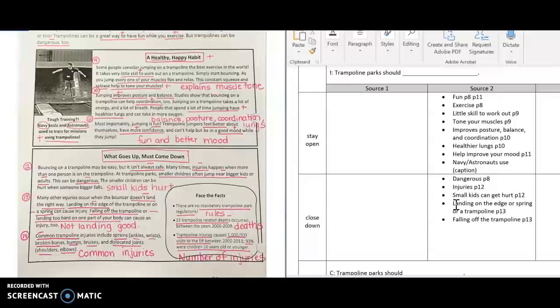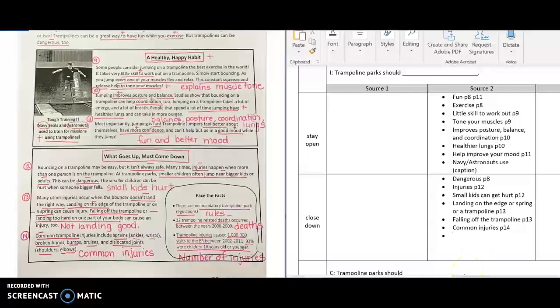You just went straight to the ground. Let's see what else we can add. We went down here to paragraph 14 and we learned that there are some common injuries that include sprains, broken bones, bumps, dislocated joints. So we had the common injuries that were listed and identified there in paragraph 14.